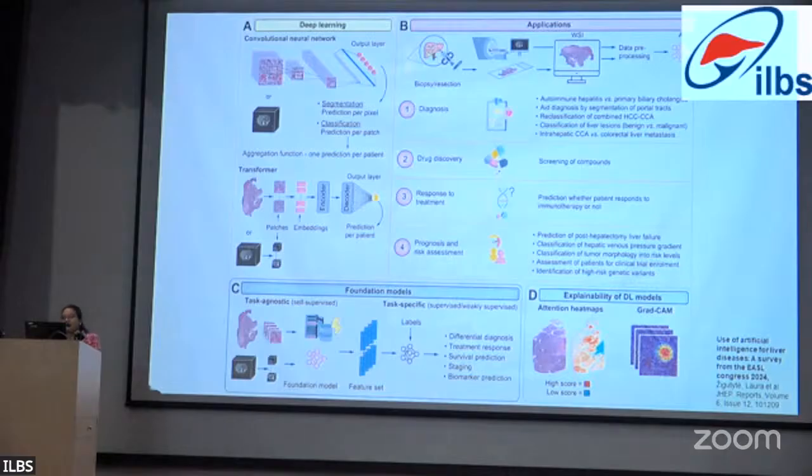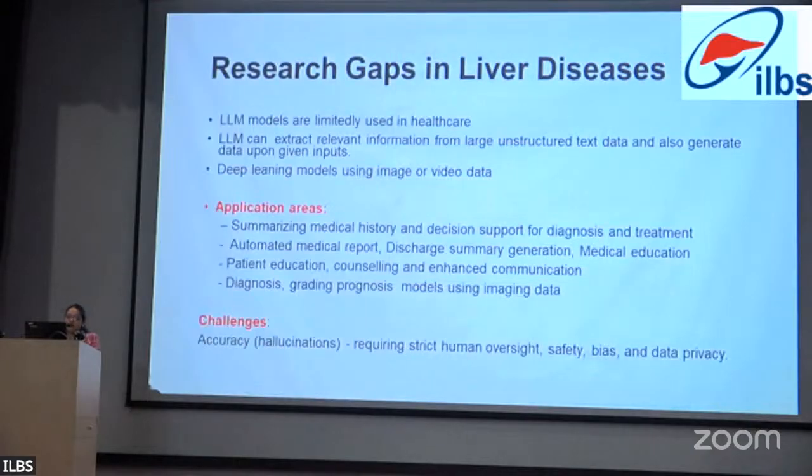What the model has learned can be visually represented by these methods. So there are very good methods for explainability also, so that it can be clinically understood, so that the decision can be taken nicely with accountability.